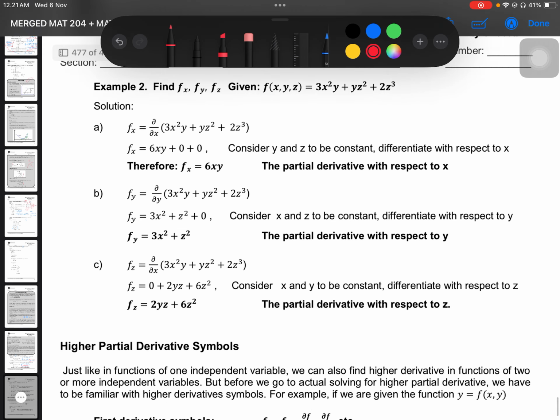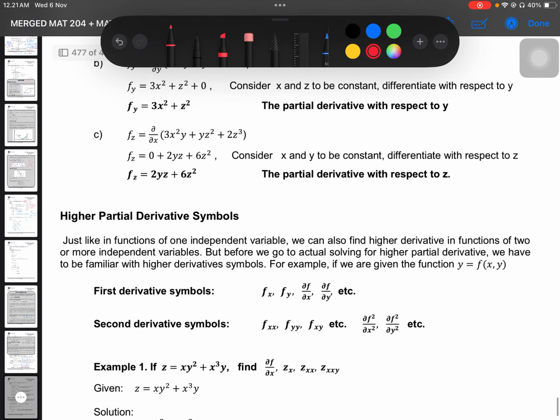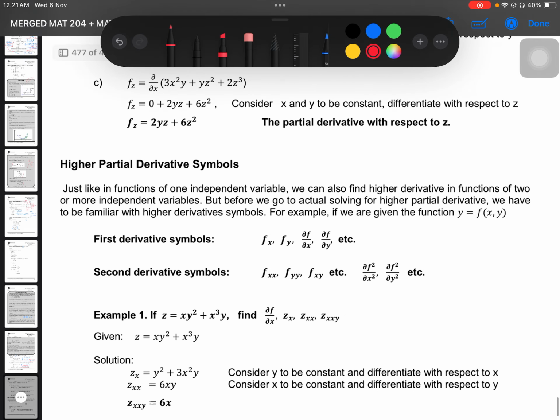Then, if you are getting the derivative with respect to y, si x and z naman ang constant. Okay? And then, lastly, if si z naman ang derivative, then therefore, si x and y ay constant.